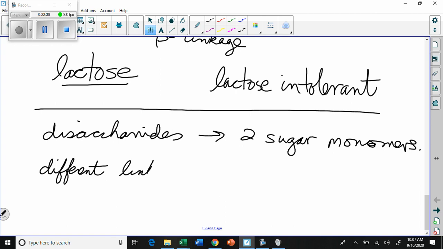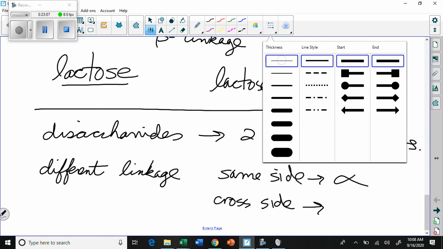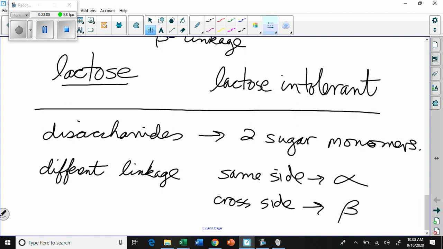We have seen that there's the same side linkage, called the alpha linkage, and the cross side or opposite side linkage is called the beta linkage. It's important because the beta and alpha linkage produce different shapes, and of course, shape is everything. And so you get two completely different molecules that act differently.